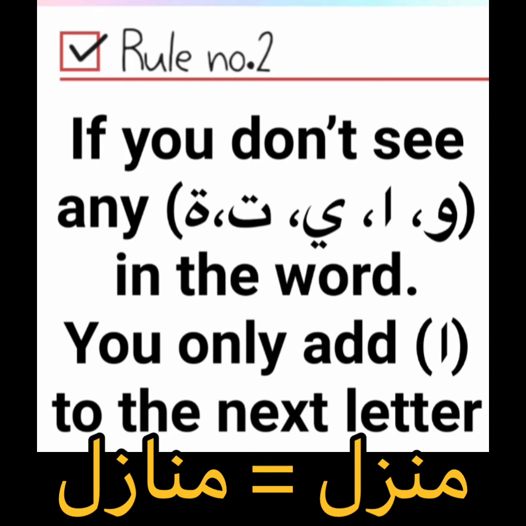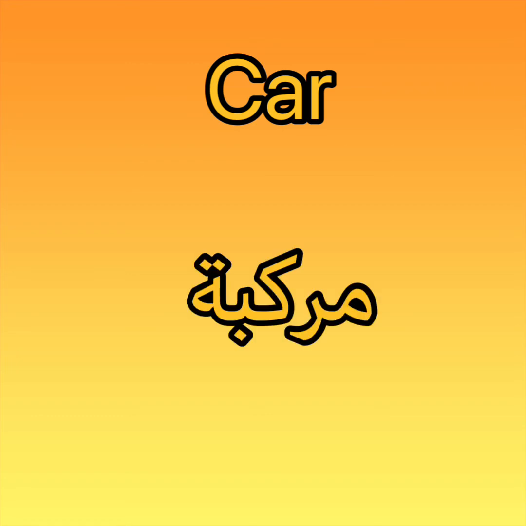منازل. Now, next example. How do we say the word car in Arabic? مركبة. So let's use this word and make it a lot of cars by going through the rules one by one.